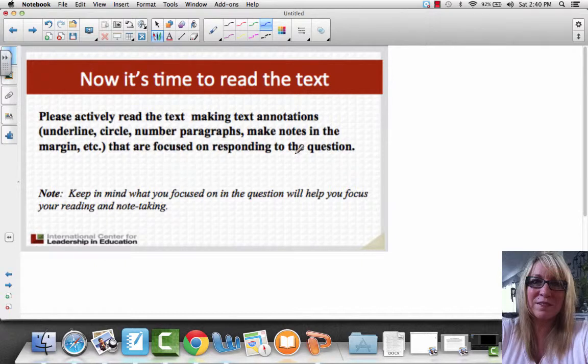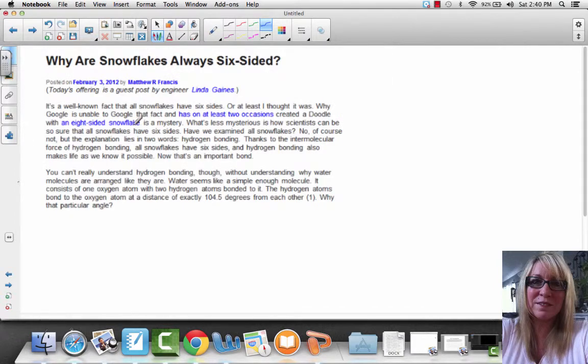Now it's time to read the text. I will read the first part with you to show you how to actively read by underlining and taking notes that are connected to our purpose for reading. This is the beginning part of your article. It's a well-known fact that all snowflakes have 6 sides, or at least I thought it was.